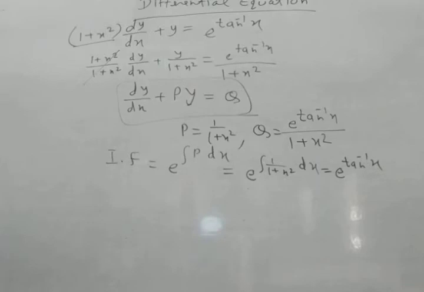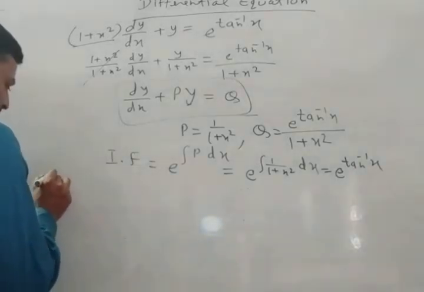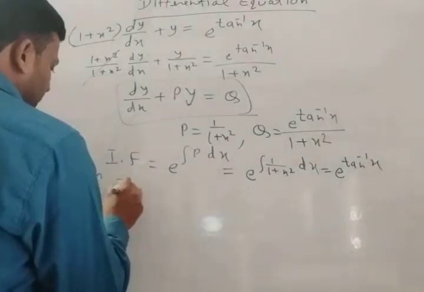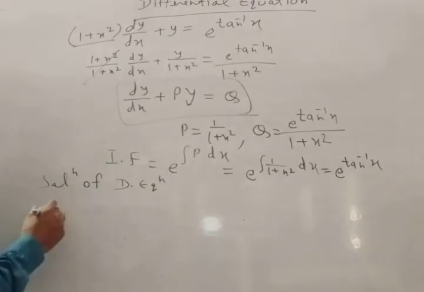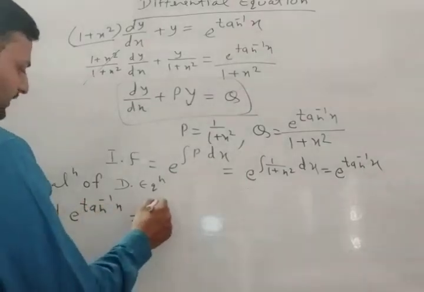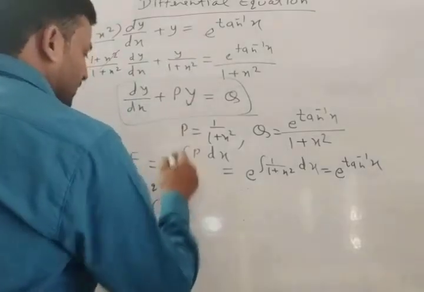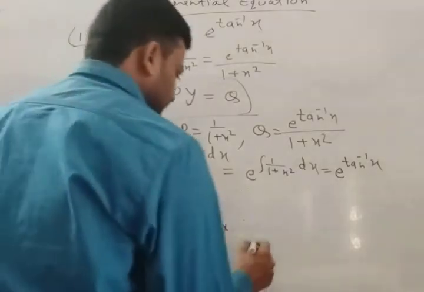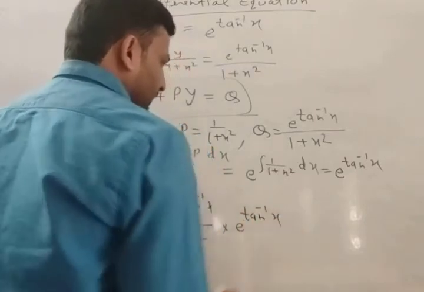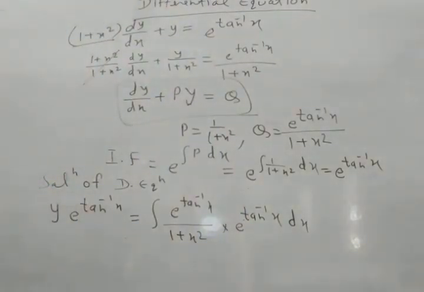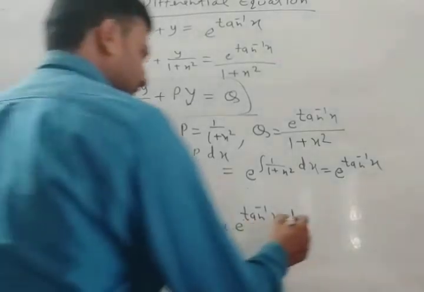Now we know that the general solution of the given differential equation will be y times the integrating factor e to the power tan inverse x, is equal to the integration of q, which is e to the power tan inverse x by 1 plus x square, into the integrating factor, which is e to the power tan inverse x, dx, plus c.